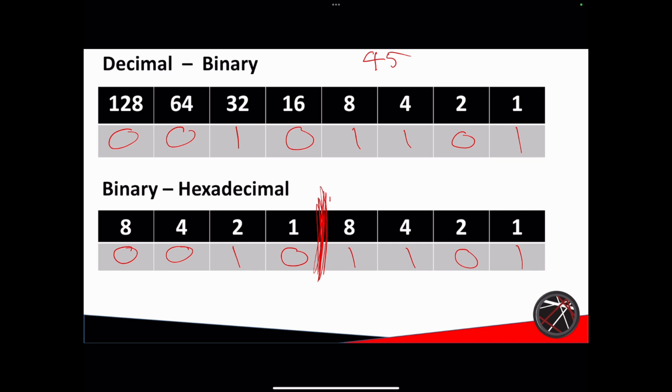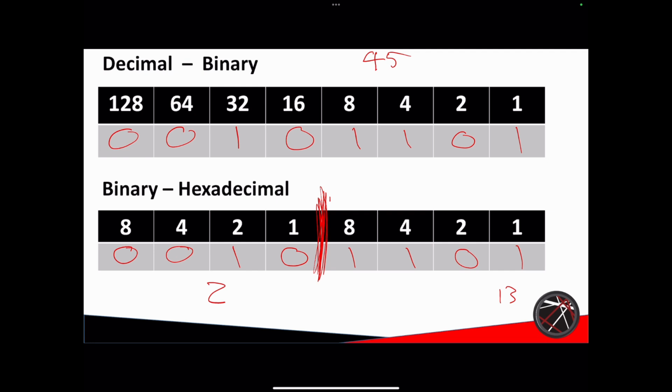So on this side, I've got 2 represented, and then on this side, I've got 8 plus 4 is 12, 13. So what we don't write is 13.